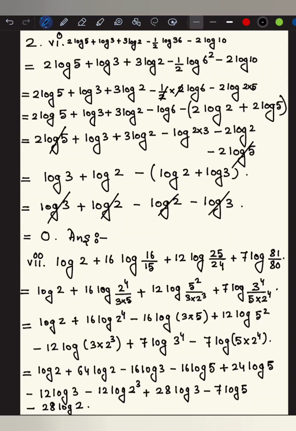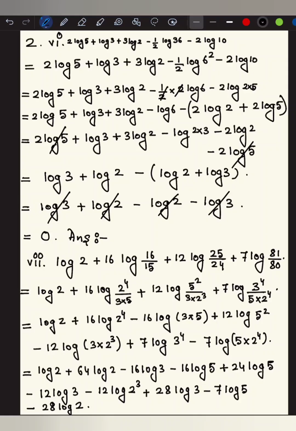Here it is given as minus half log 36. We need to express this 36 in some square terms, so that the square comes outside and gets multiplied by half, and the half and 2 get cancelled out.